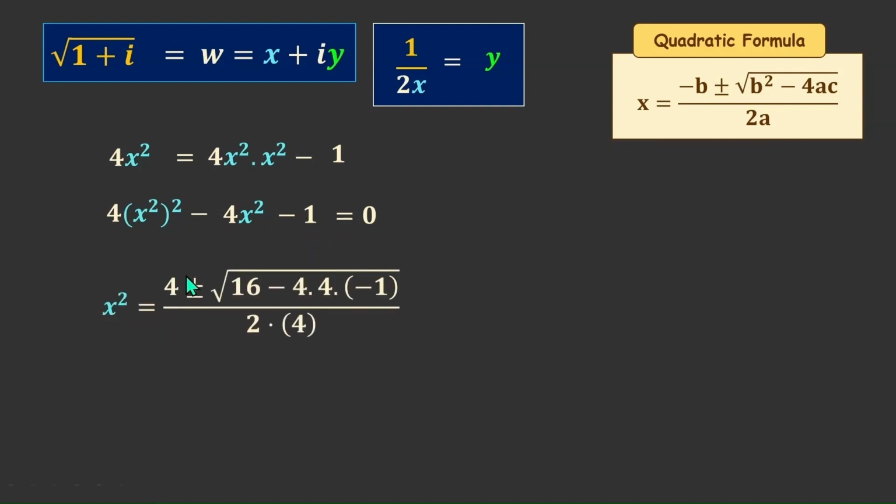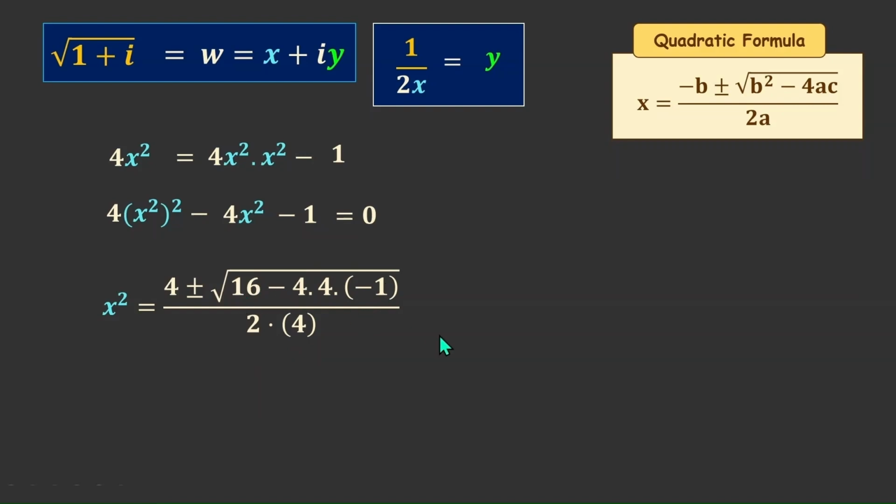So we get our x squared, because that is the root. So x squared is equal to 4, because it's minus b, so minus of minus 4, plus minus under root of b square, so that's 16, minus 4 into a, which is 4, into c, which is minus 1, divided by 2 of a, so that's 2 into 4. Now here 4 into 4 becomes 16, minus 1 into minus is plus, so this becomes 16 plus 16.